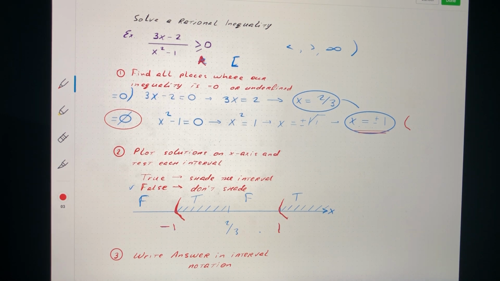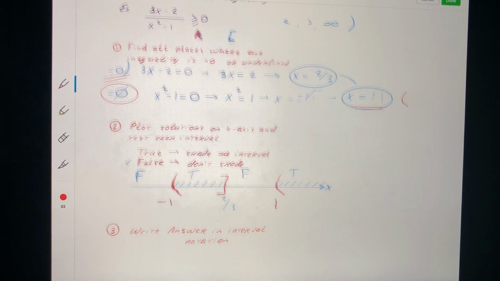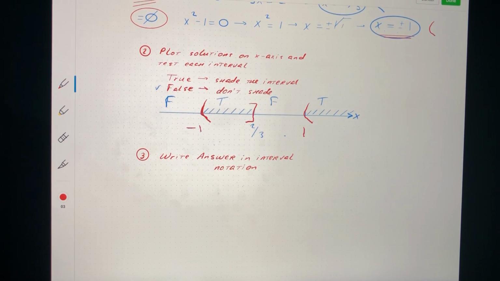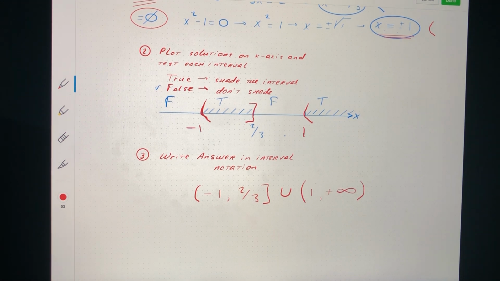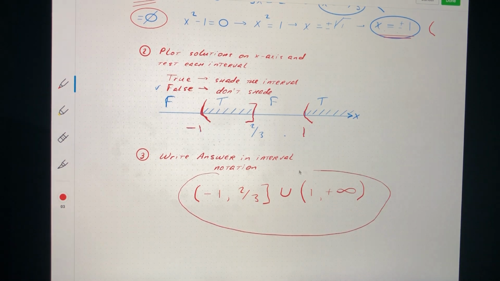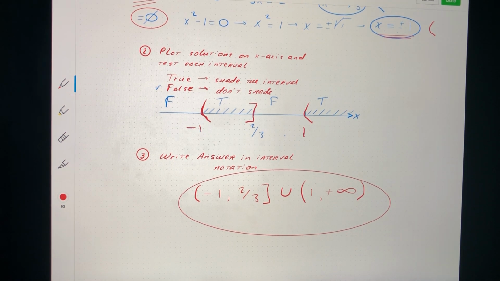But 2/3 came from the equal sign, and it is possible, so that will get a bracket. Now we copy this answer in interval notation, and we are done. So parentheses, -1 goes to 2/3 with a closed bracket, and then union starts at 1, goes to plus infinity with a parenthesis. And that's the final answer to our rational inequality.